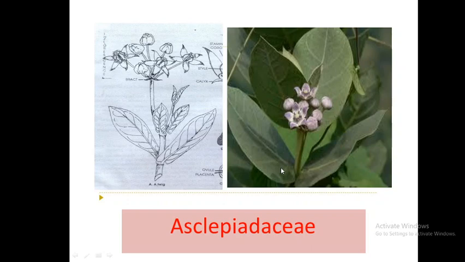Now, floral characters of this Asclepiadaceae family. The inflorescence is usually a cymose umbel arising in the leaf axil, or sometimes it is racemose. Here, look at this diagram.